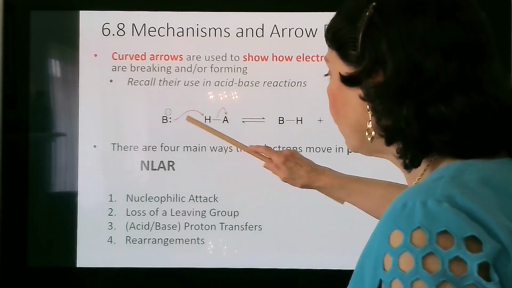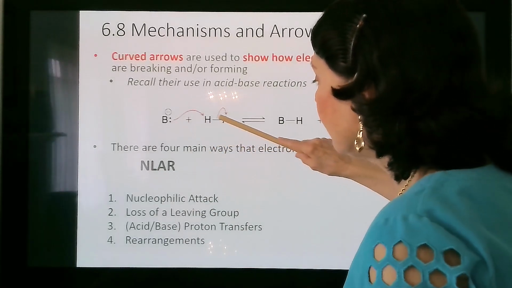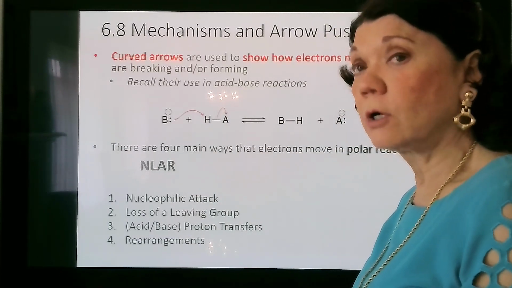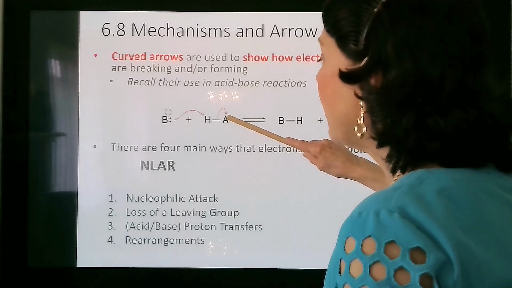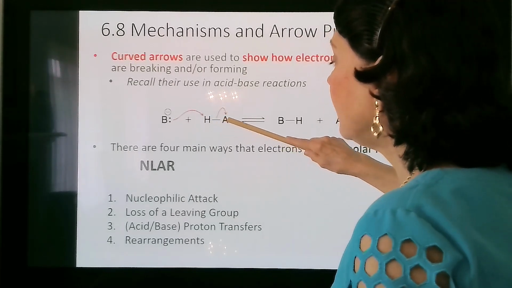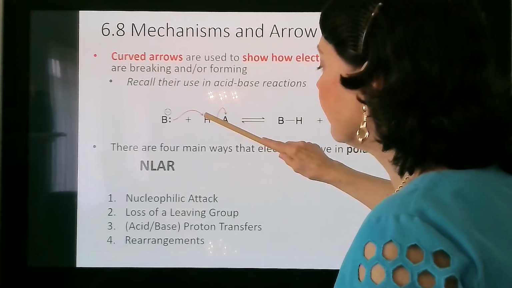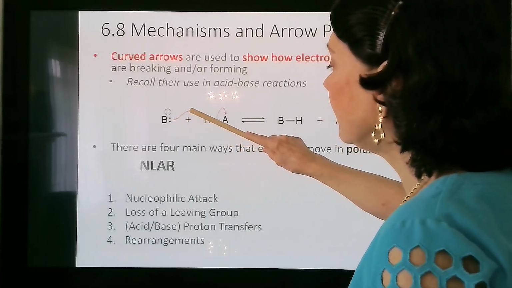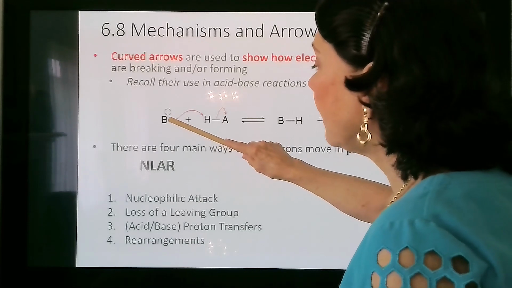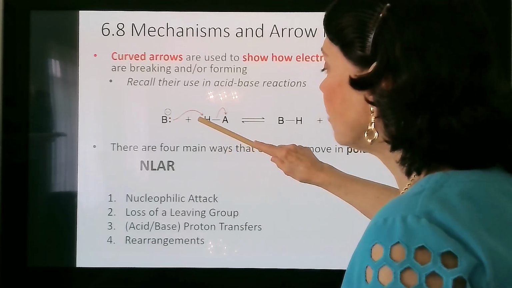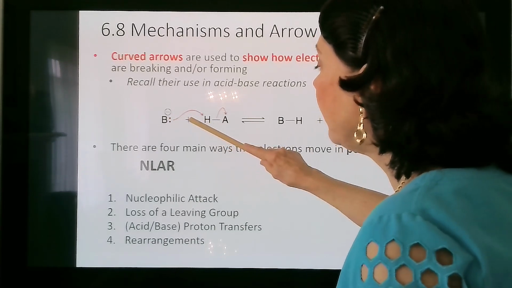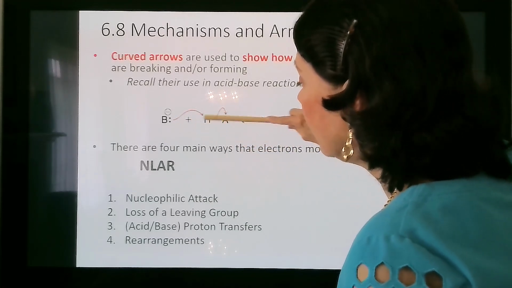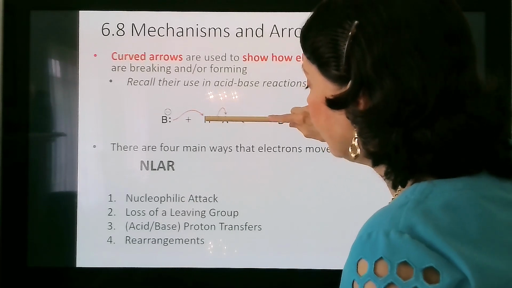So what I was talking about is this, remember how I talk about the reaction needs to occur through the antibonding orbital. And so the antibonding orbital, for this bond, there's going to be one out here and there's going to be one back here. And this arrow, if it's drawn properly, it needs to show that pair of electrons coming in and populating the antibonding orbital. So it would come in and it would actually come straight in at the hydrogen, not off at an angle.